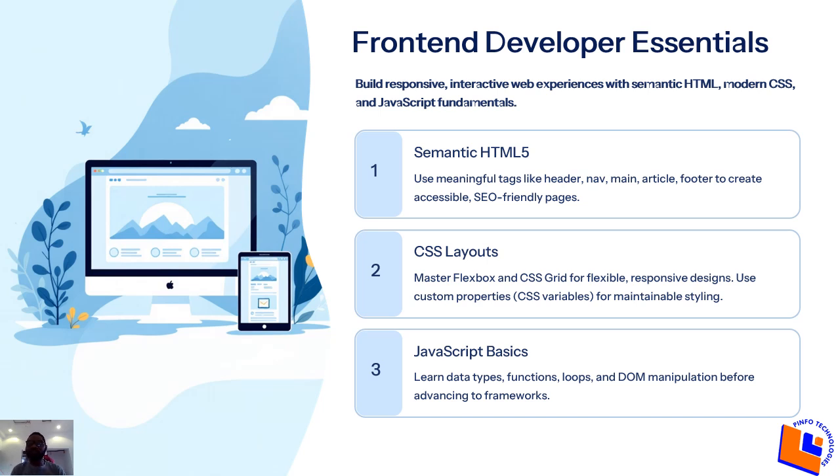What we mean by semantic HTML5 is that you use meaningful tags like header, navigation (nav), main, article, and footer to create accessible, SEO-friendly pages. That is, search engine optimization friendly pages, so that when someone searches on Google for particular information, your web pages are among those displayed for the person to see the information he or she is looking for.